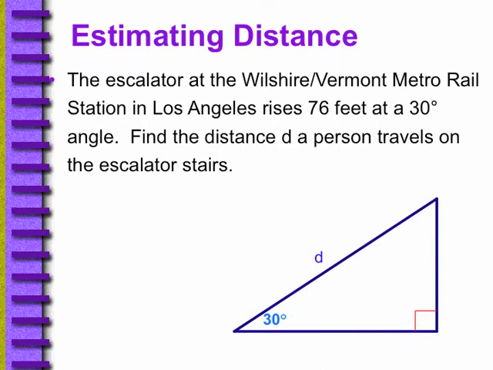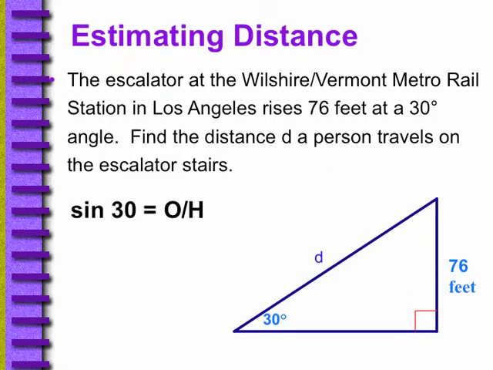And so here's my diagram. I know that this is a right triangle, and I know that the height is 76 feet because that was given in the problem. Notice the base angle I drew in at 30 degrees, and I'm trying to find d, which is the hypotenuse of this right triangle. I think if I use sine, which is opposite over hypotenuse, that will help me.